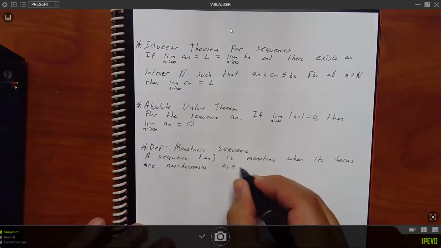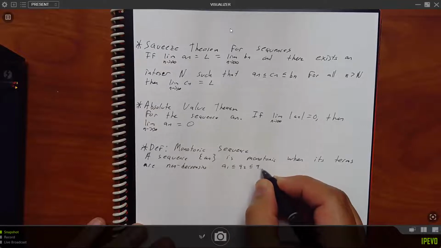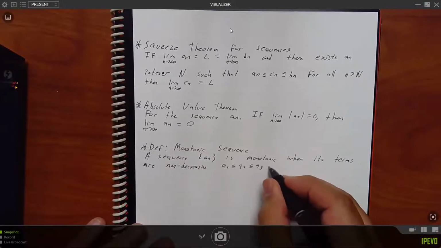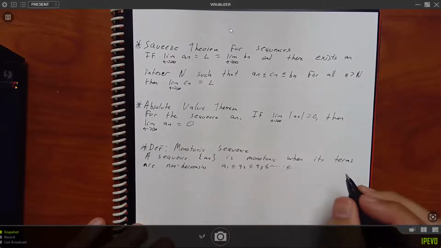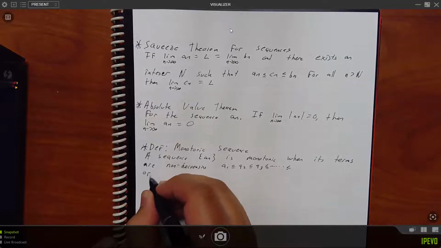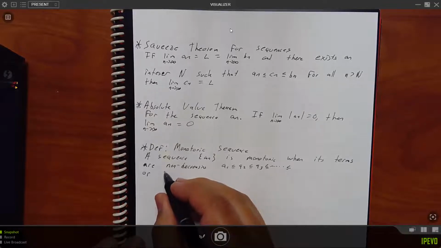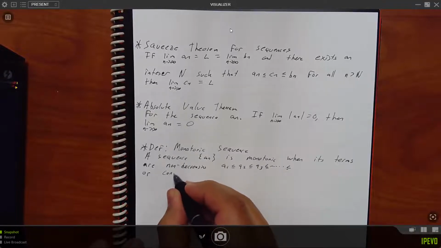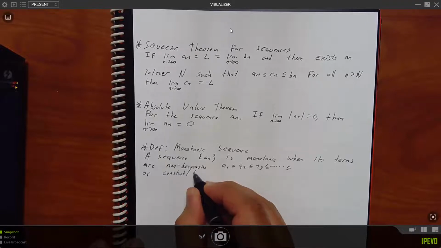Basically, if you see the terms getting bigger and bigger, all the way to a sub n, or constant or decreasing.